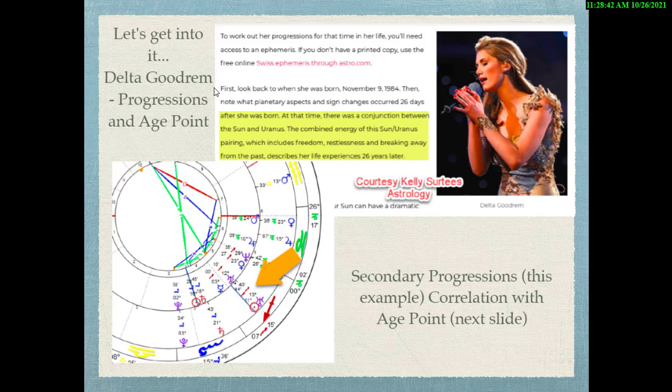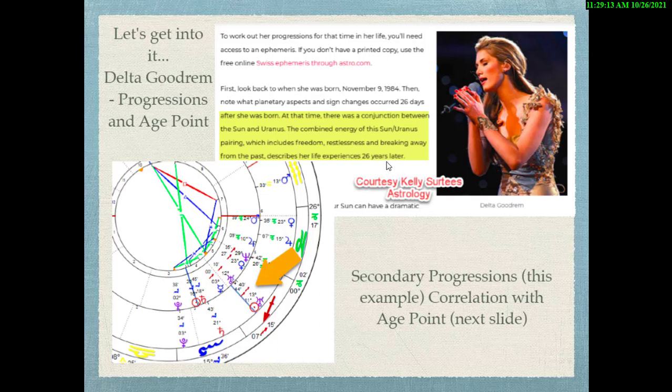What you can see is, what Kelly mentions here is that at the time, there was a conjunction between the Sun and Uranus. This is 26 years later, looking at Delta's life. The combined energy of the Sun-Uranus pairing, which includes freedom, restlessness, and breaking away from the past, especially in Sagittarius, describes her life experiences 26 years later.